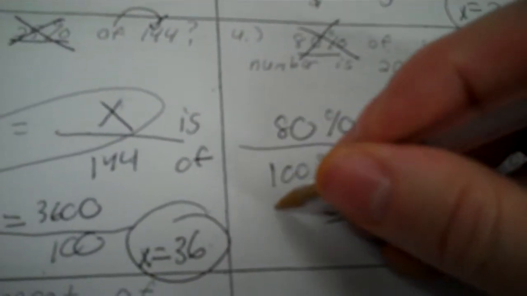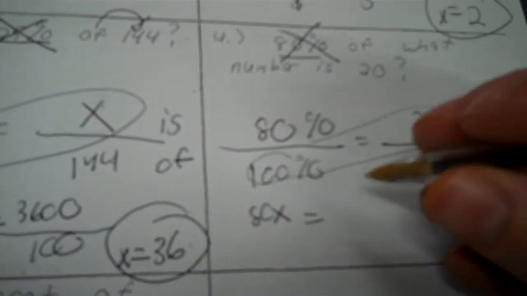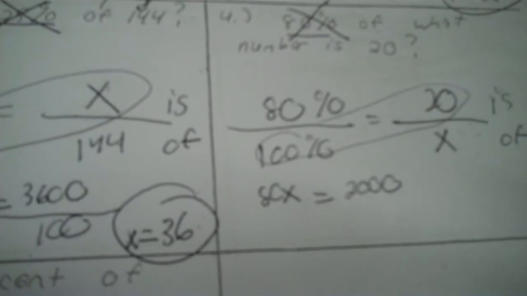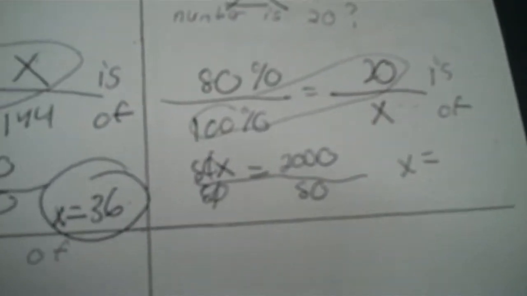So 80 times x is 80x, and on the other side I take 100 times 20, that's going to be 2,000. Now it's dividing time by the 80. So I take 2,000 divided by 80, that's 25.